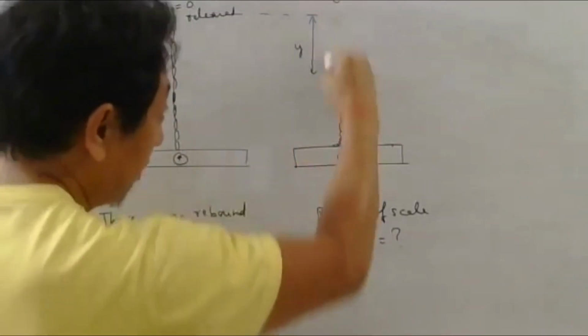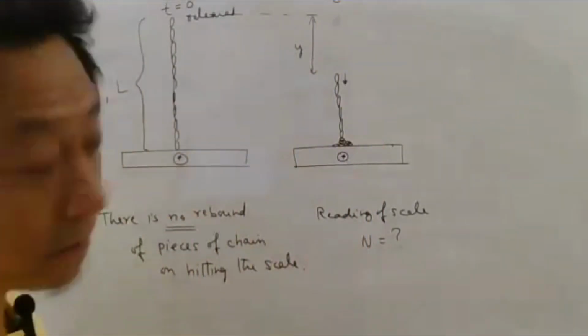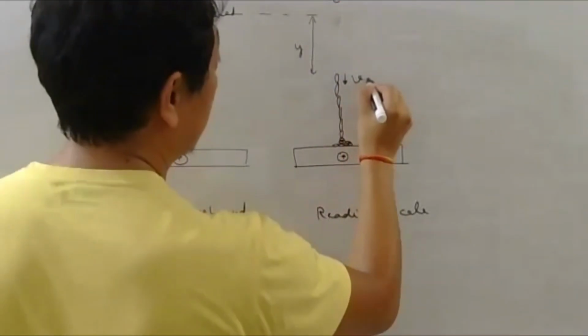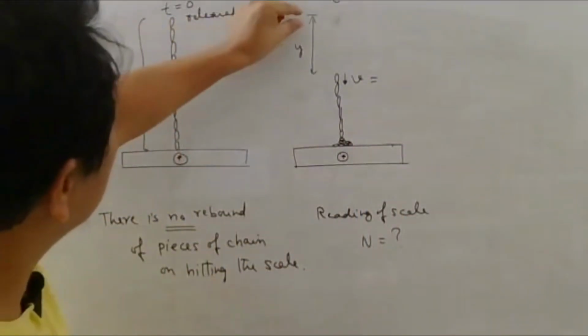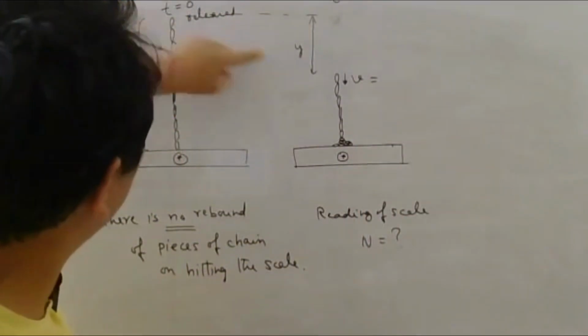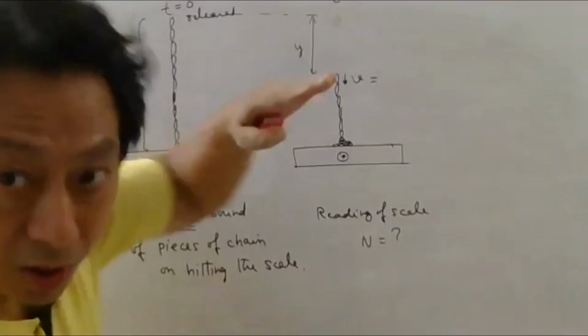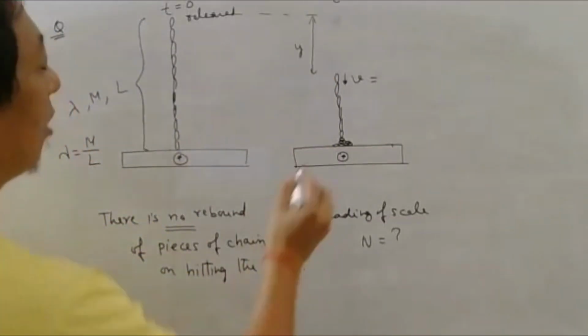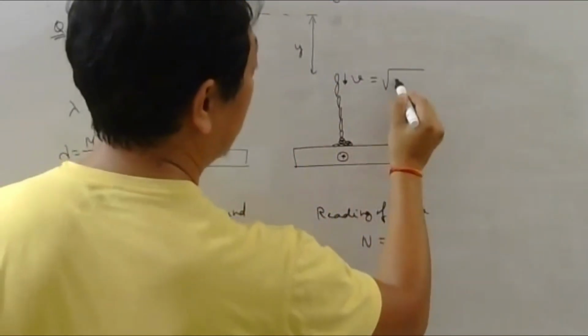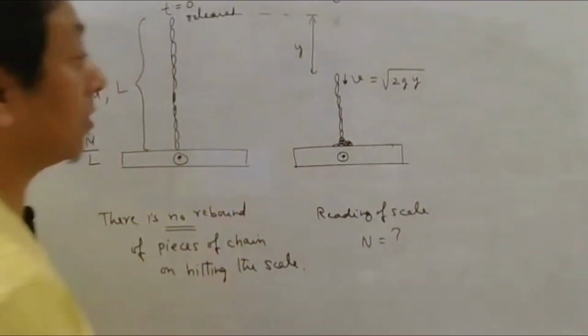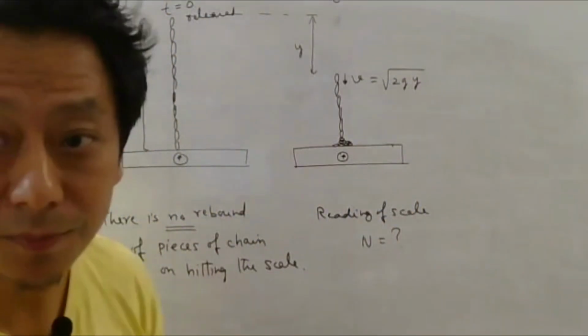But these guys are falling under gravity. So what is the velocity v when each piece has fallen? If this piece has fallen down by y, every piece has fallen down by y. So how much will be the velocity? Under root 2gy. This part you guys understood? Kinematics.